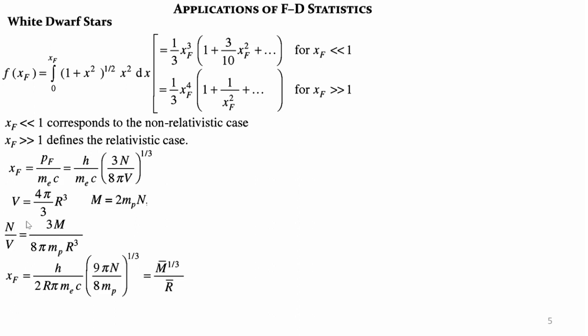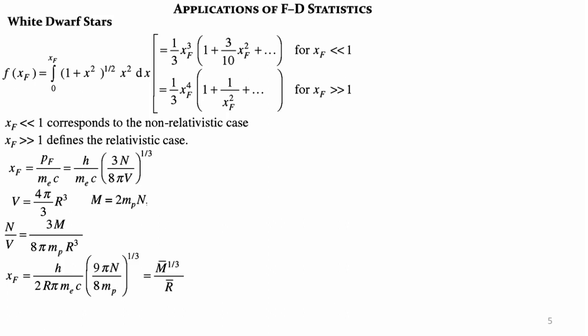Now, if we know this, and we have been using this x_f, you know what x_f is? It is this one, rather. Here we can now substitute the value of N over V. What we have been doing here is, this is h over m_e c, this part. And why has he still kept N here? Just a moment.